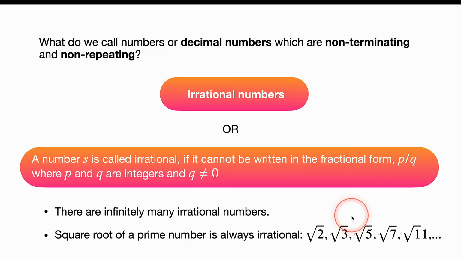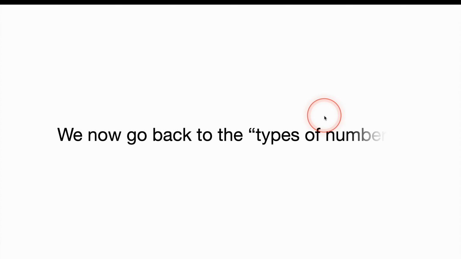Whatever examples till now I have shown were all square roots of a prime number and all are irrational. So if you have to give an example for an irrational number, all you have to do is take the square root of any prime number, and that will be an irrational number.